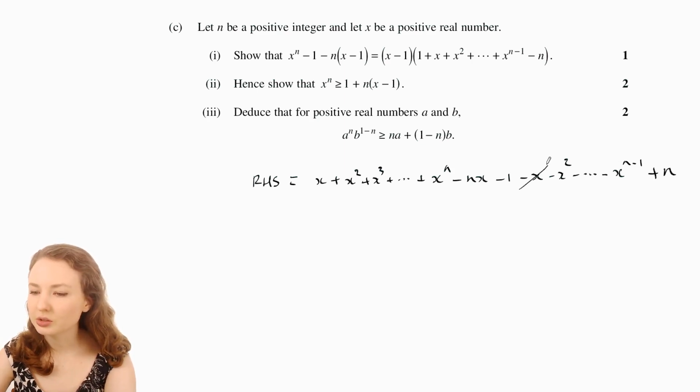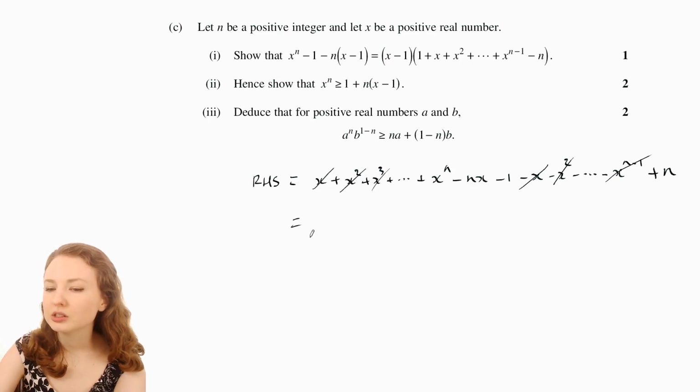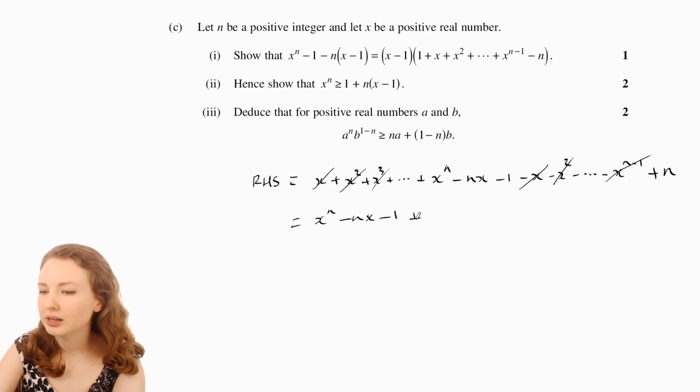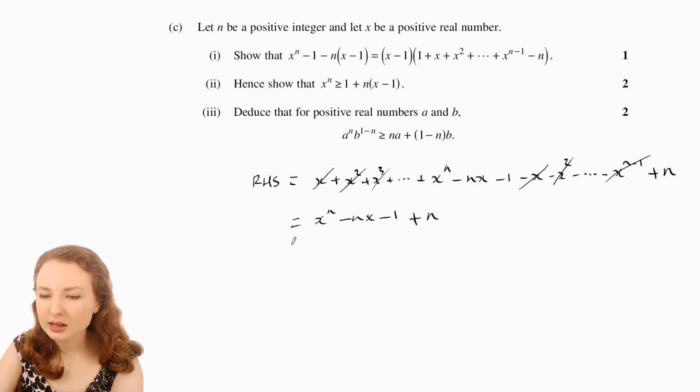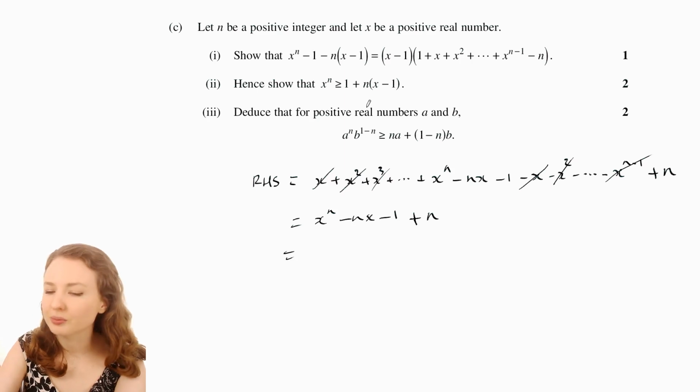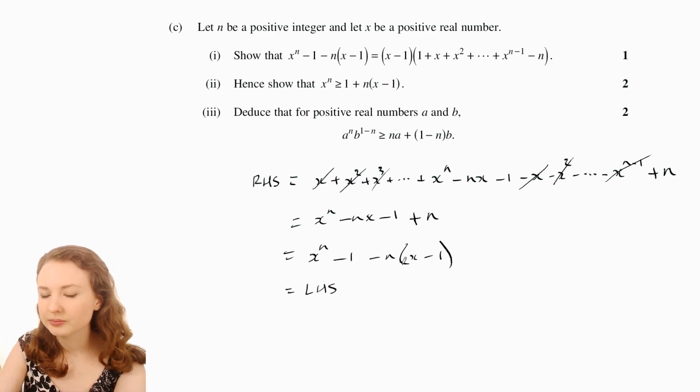So you can cancel that with that, and that with that, and so on, up to the n minus 1 there. So you'll get x to the n minus nx minus 1 plus n. And then we just have to put that in that form. So x to the n minus 1 minus n, x minus 1, which is the left-hand side.